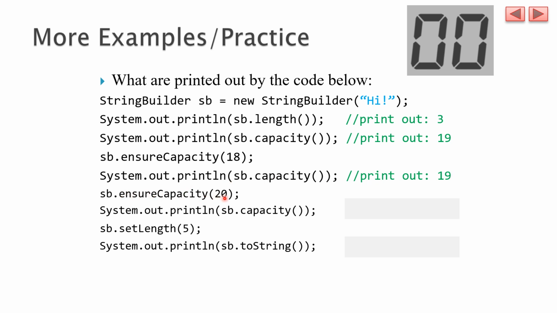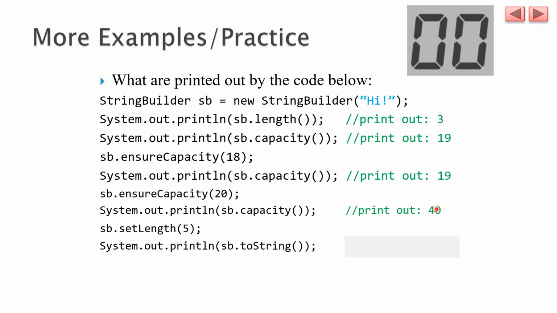Then it calls the ensureCapacity method again, but now passing a number that is more than the current capacity. Now we see what is printed out. It actually gives the capacity of 40.